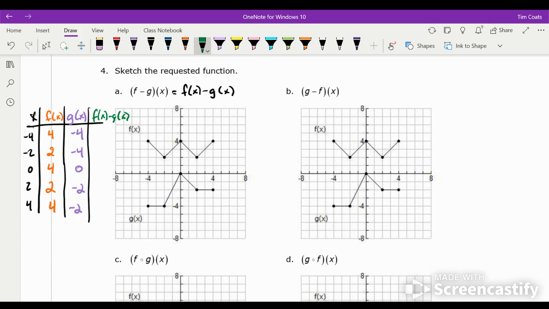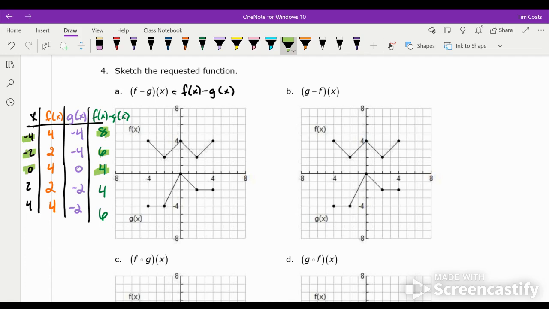Now I subtract. 4 minus -4 is 8. 2 minus -4 is 6. 4, 4, 6. Then we take those. Now our new values we're going to graph here. So we are going to graph -4, 8, -2, 6. Those are our new points.